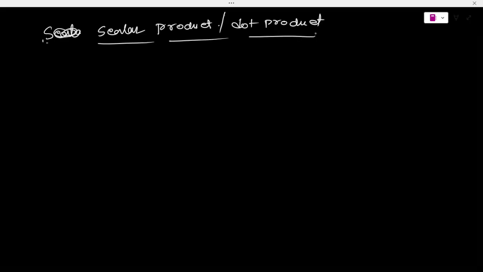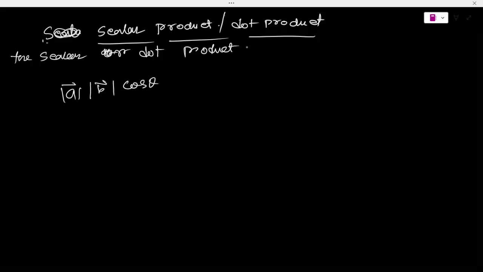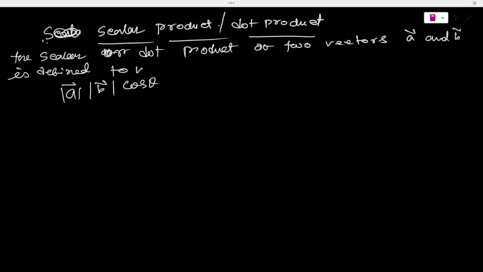The scalar or dot product of two vectors, let's say this is A vector and this is B vector, is defined as A vector B vector cos theta, where theta is the angle between A vector and B vector.